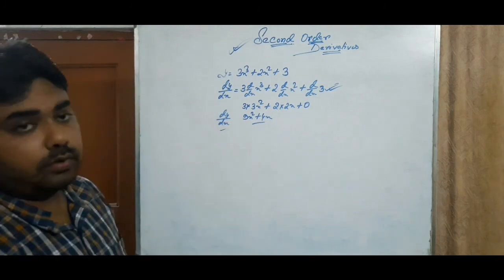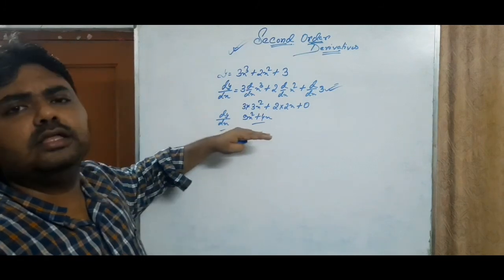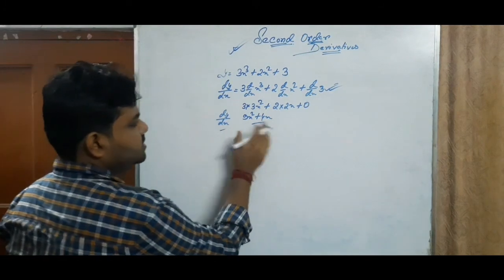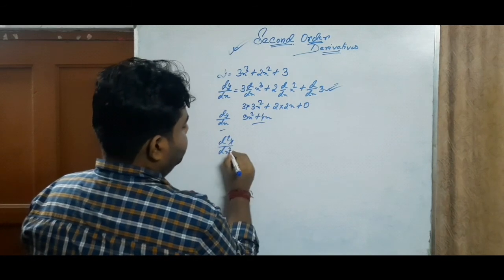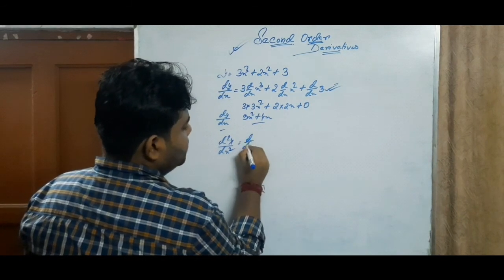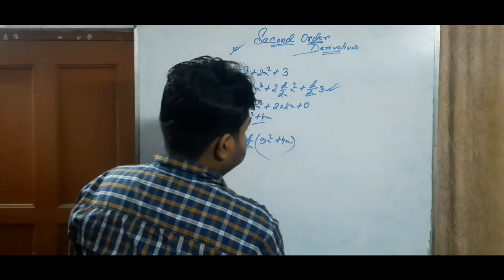Now the second order derivative. What is second order derivative? We will again derive this. d2y by dx square is d/dx of 9x square plus 4x.